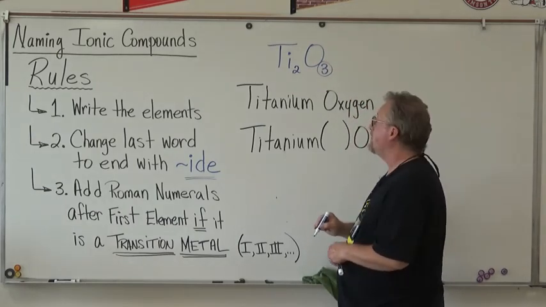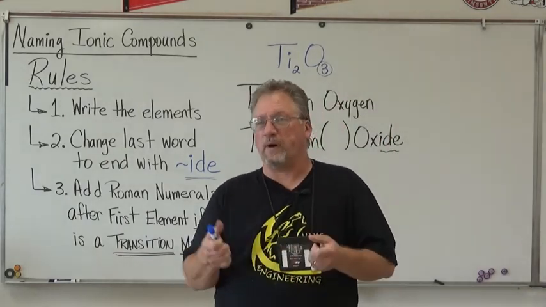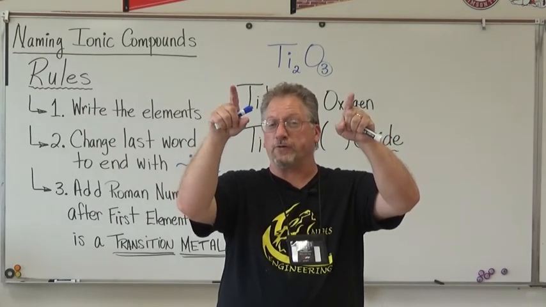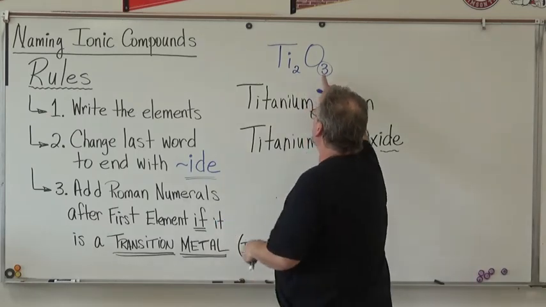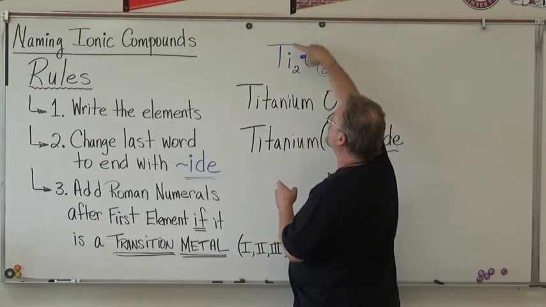Okay? And the reason why, think about it. Remember when you did all those binary compounds and you'd find the little oxidation numbers and then you'd cross them over, right? So that 3 over there was crossed over. It used to be over here, right?